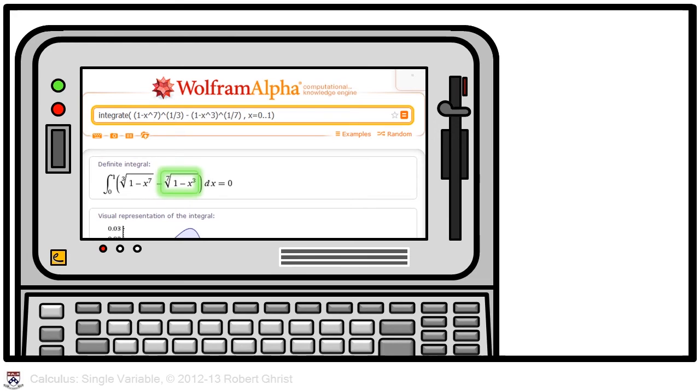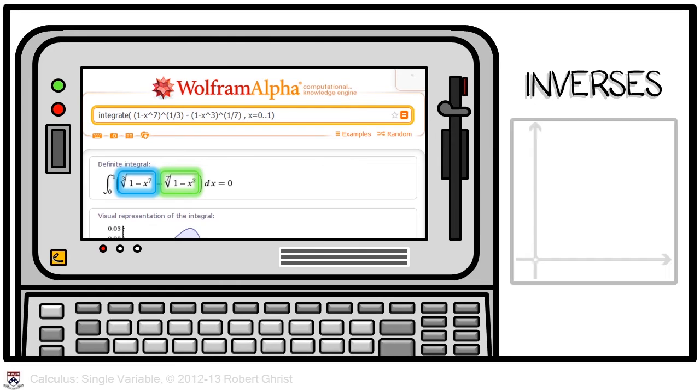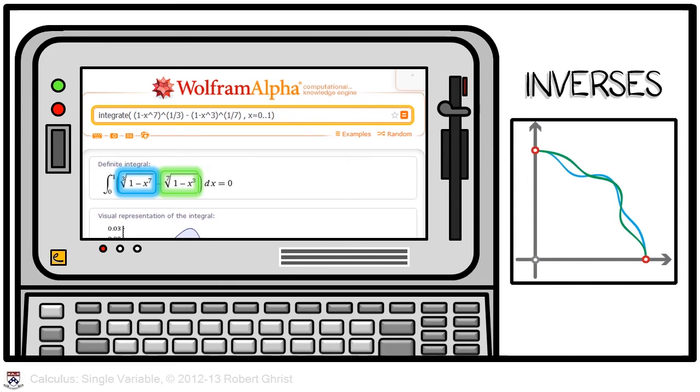But if you consider these two pieces, the 7th root of 1 minus x cubed and the cube root of 1 minus x to the 7th, with a little bit of thinking, you'll see that these two pieces are inverses of one another. If you compose one into the other, then you'll get the identity back. That means that the graphs of these functions are symmetric about the line y equals x.